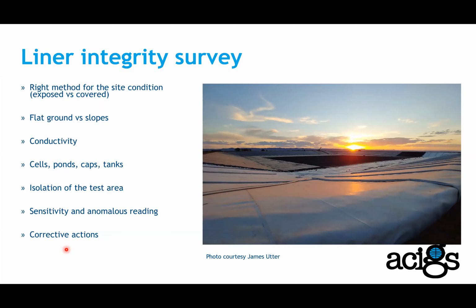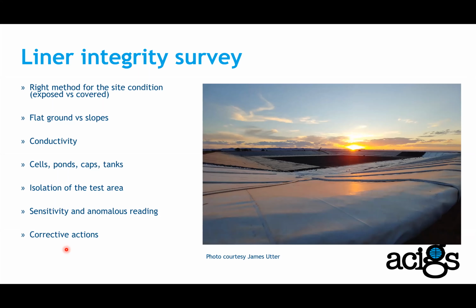So we talk about the right method for the site condition, if it's exposed, if it's covered. So we need to have a discussion around what liner integrity survey method we want to use for that particular installation. And it really depends on if the material is installed on flat ground or on slopes. Also, conductivity of the liner is an important factor to consider.